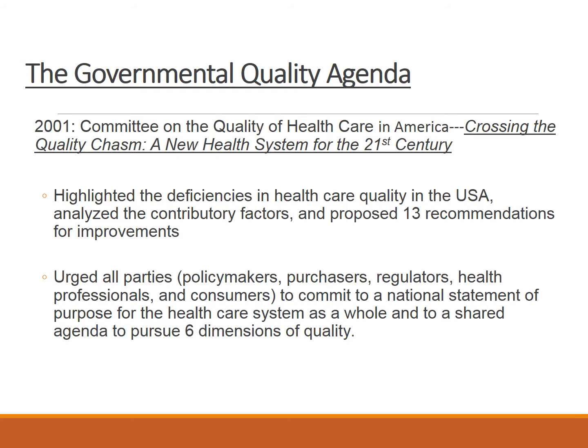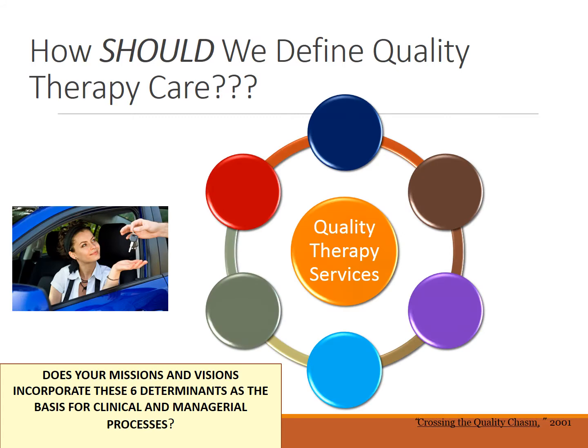But basically, Crossing the Quality Chasm looked at the healthcare system and they said, what's important? What are the 6 most important things that we need to do in healthcare to assure that the highest quality is always achieved? So the first one is safety.